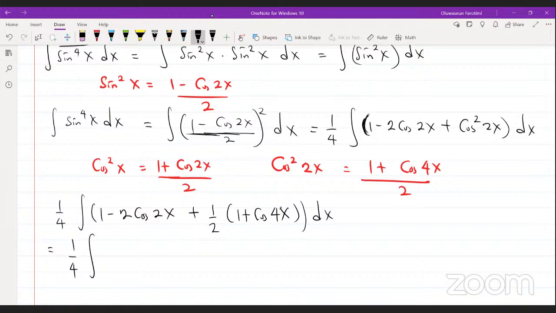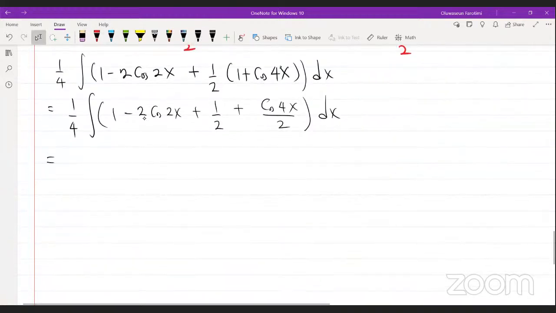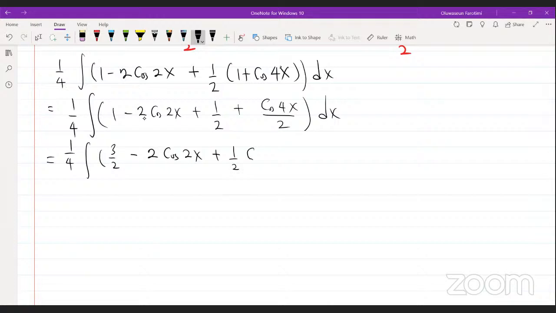Can I split this? So you have a 1/2 here plus a cosine of 4x over 2 dx. 1 plus 1/2 gives us 3/2, right? So I have a 1/4 times the integral of 3 over 2 minus 2 cosine of 2x plus 1/2 of cosine of 4x dx.